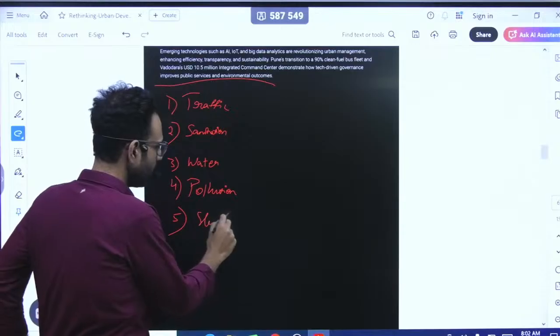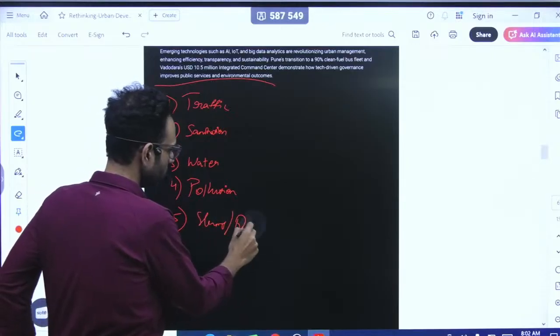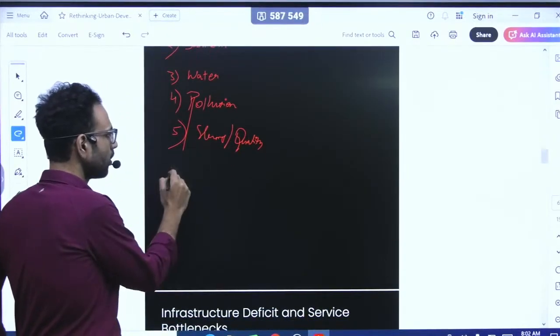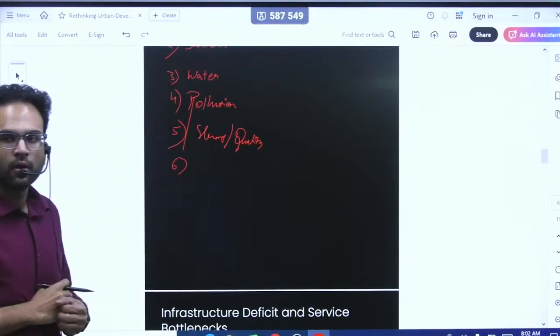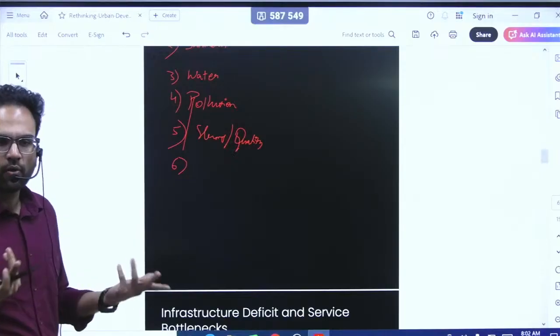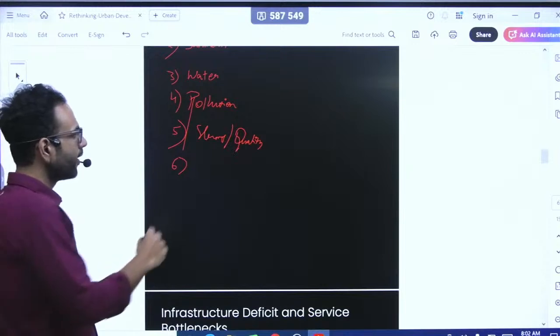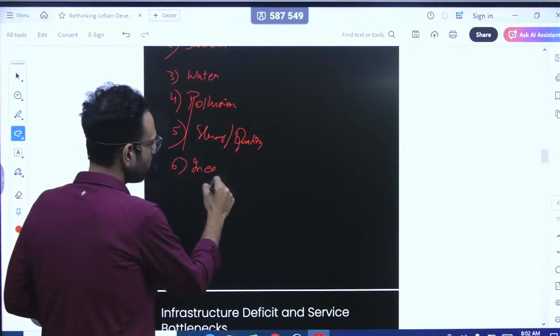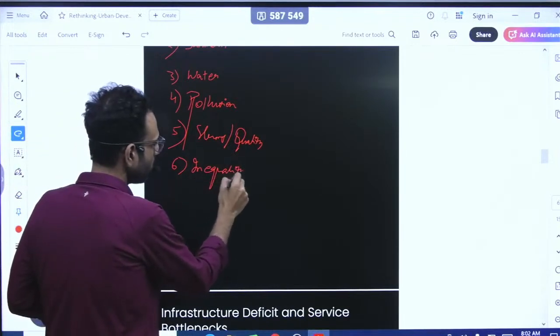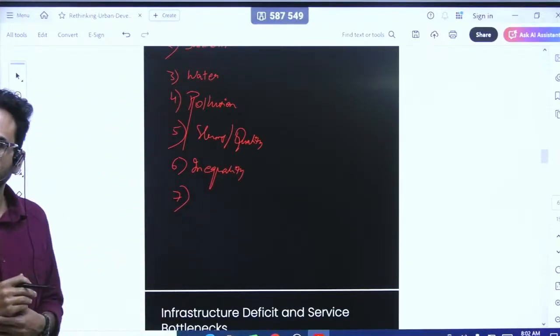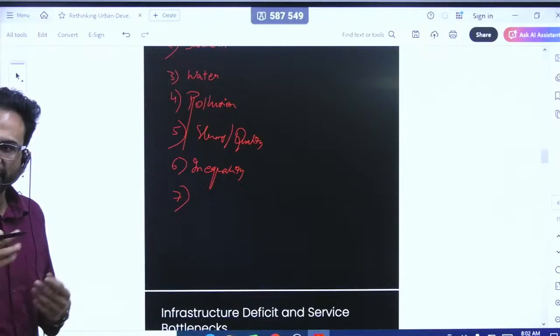Slums or quality of life. What else? Accessibility. Inequality. What else? Think.